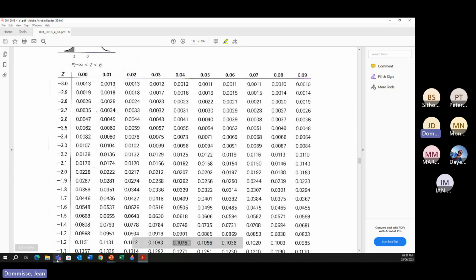So if we go down to minus 1.5, we will go across to the second decimal. So it was minus 1.59. And then where those two meet, so from there and there, we get the probability that we are looking for. So 0.0559.